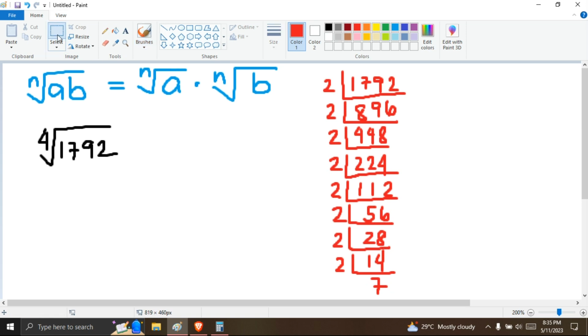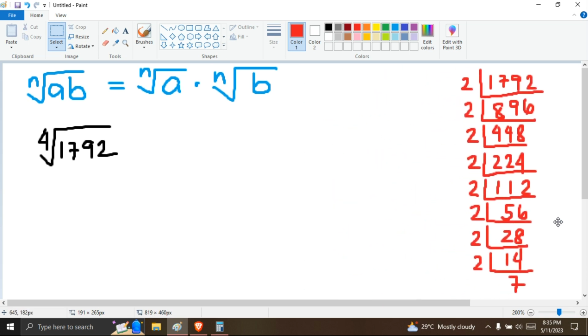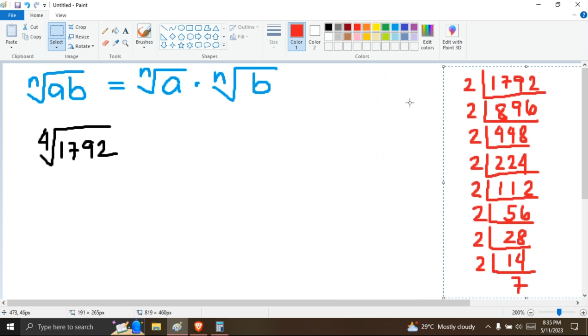Okay. So pila ka 2 ang naa diri? 1 2 3 4 5 6 7 8. Okay.